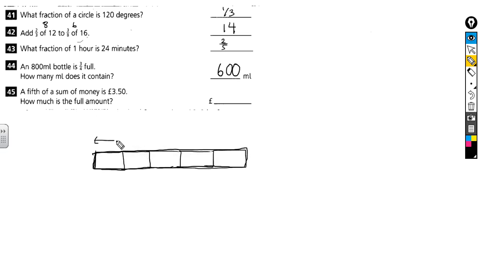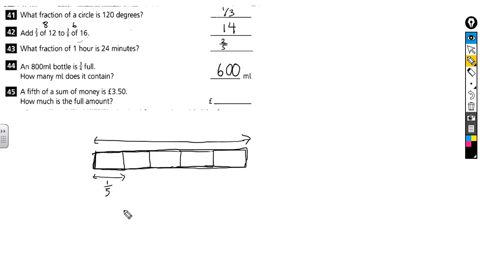It is divided into 1, 2, 3, 4, 5 equal size portions. They might not look very equal, but they're equal enough. So this is equal to this, equal to this, equal to this, equal to this. One of these is equal to 1/5.